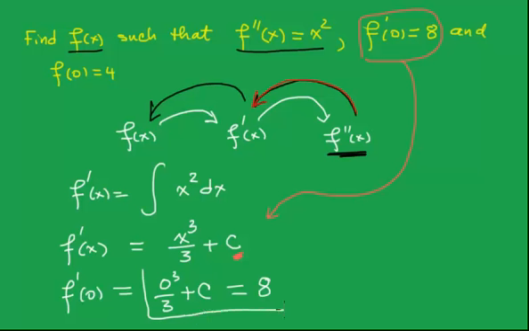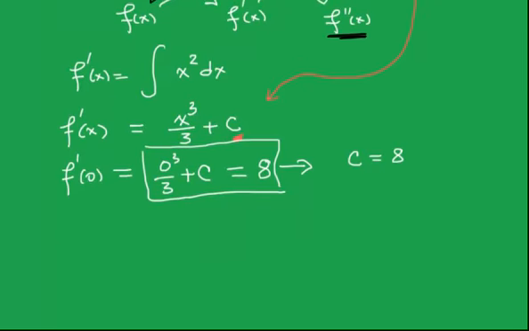Now you solve this for c, and you get that c equals 8. Now we know what c is. So if we know c is 8, then f prime of x is equal to x cubed over 3 plus 8. We just got f prime.